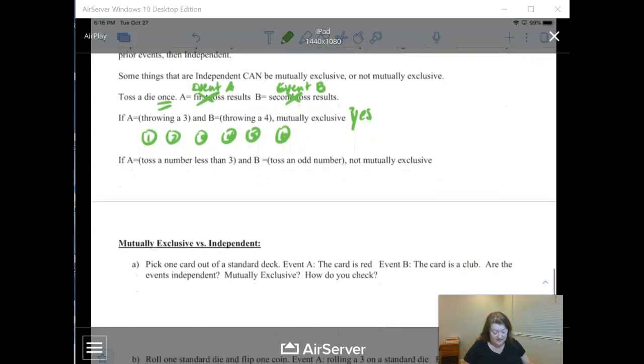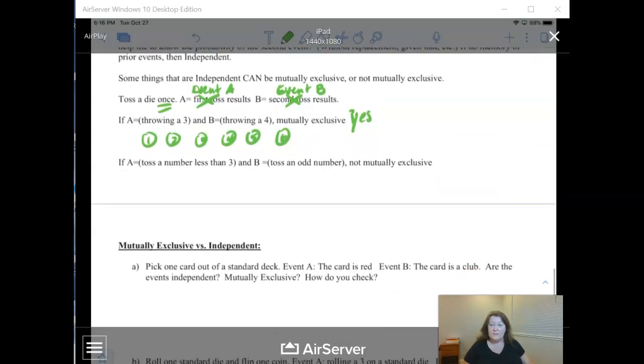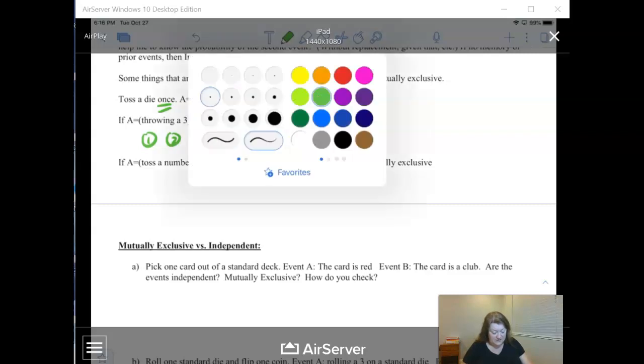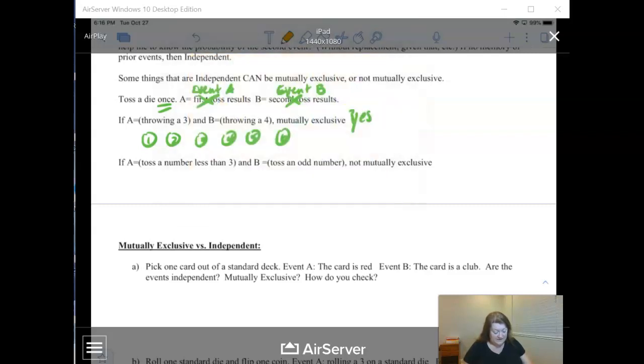So now this one, event A is toss a number less than 3, and B is toss a number that is an odd number. Okay, so let's take a look at this one. If I throw the die once, could it be a number less than 3 and also odd? Yes, there's some overlap happening there, right? It could be a 1 for the overlap, that's less than 3 and an odd number. So in the less than 3 category over here, we could have the 2.